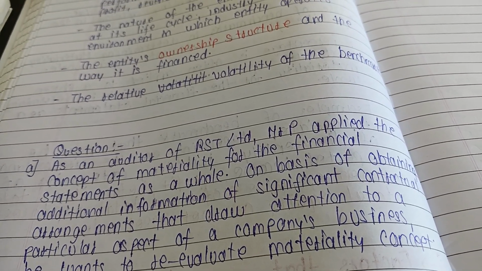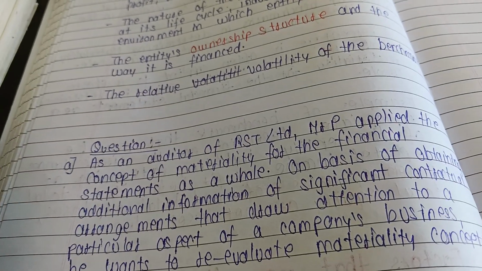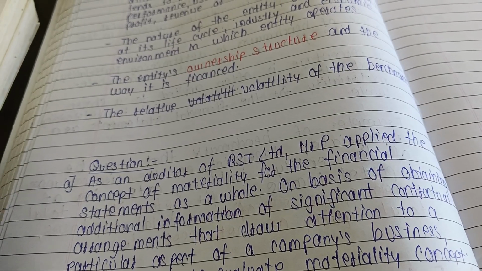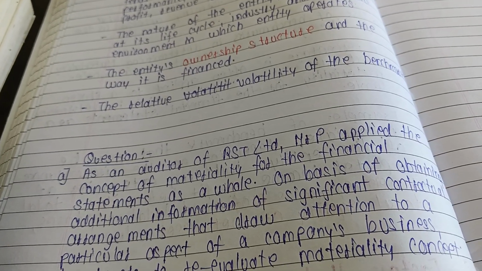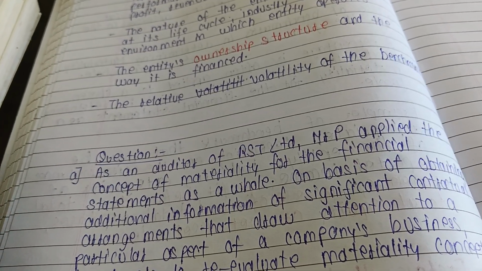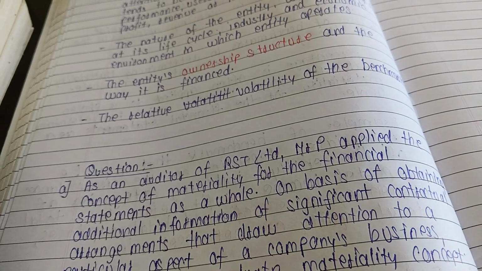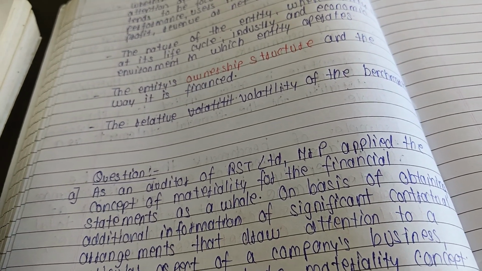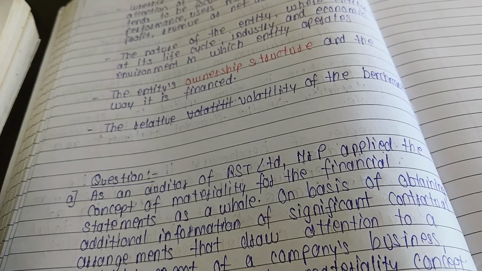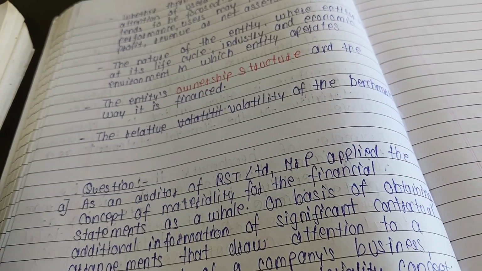If in the specific circumstances of the entity there are one or more particular classes of transactions, account balances, or disclosures for which misstatements of lesser amounts than the materiality for the financial statements as a whole could reasonably be expected to influence the economic decisions of users taken on the basis of the financial statements, the auditor shall also determine the materiality level or levels to be applied to those particular classes of transactions, account balances, or disclosures.